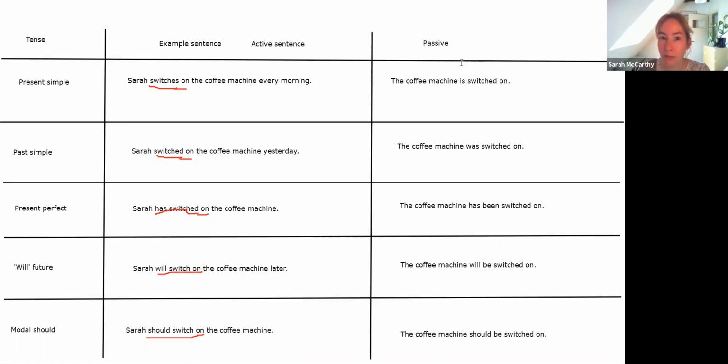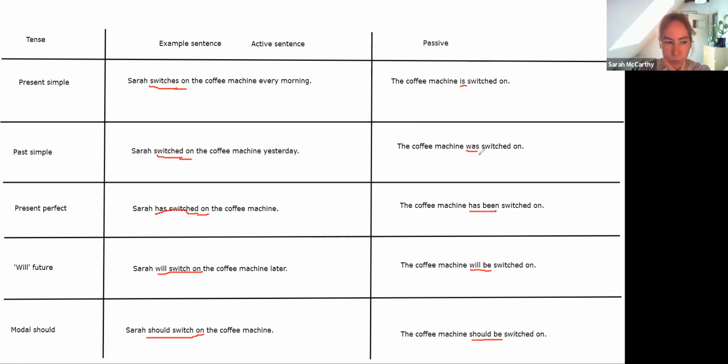Okay, so how do we form the passive? How do we form it? Can you see a pattern? So the pattern, which verb is this?